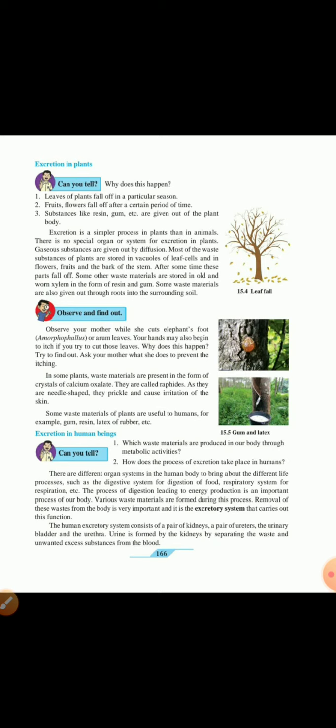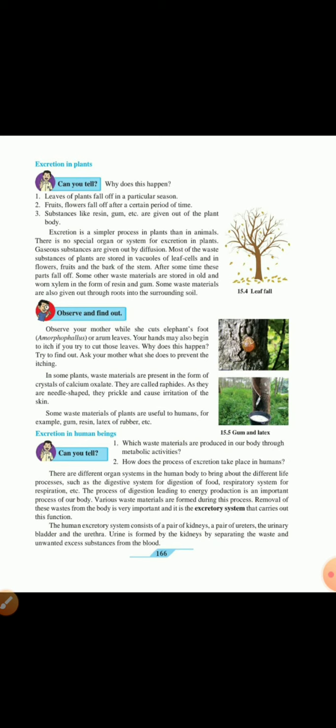After some time, these parts fall off. Some other waste materials are stored in old and worn xylem in the form of resin and gum. Some waste materials are also given out through roots into the surrounding soil.